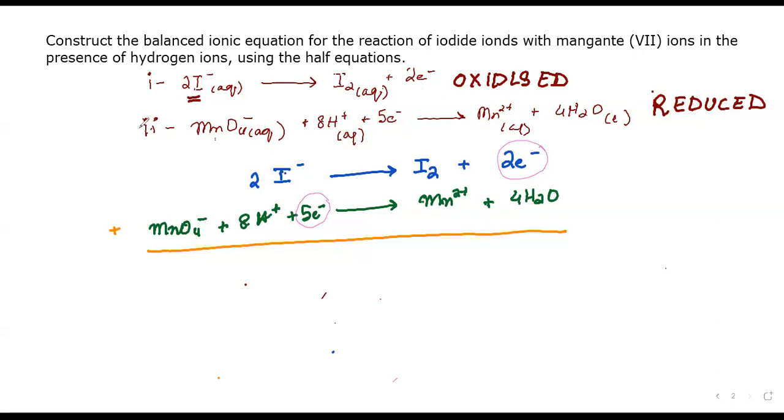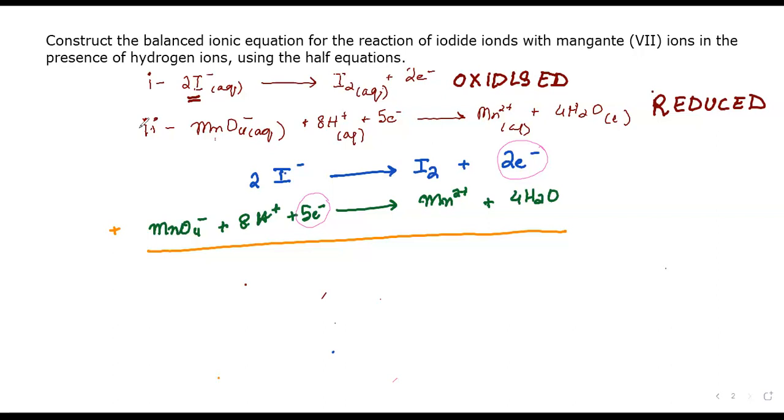In our case, to balance out the number of electrons, I will have to multiply both the equations, because I cannot multiply 2 by any number to turn it into 5. 5 does not come in the table of 2. So I will have to multiply both of them by a number to make sure that the number of electrons become the same.